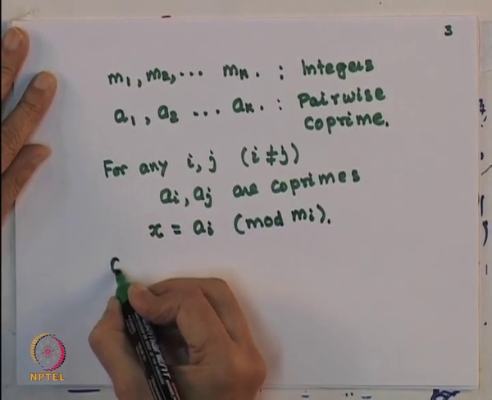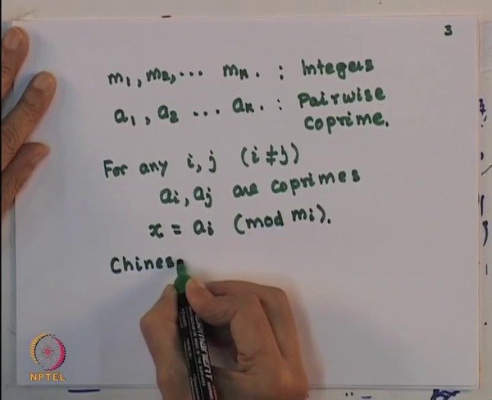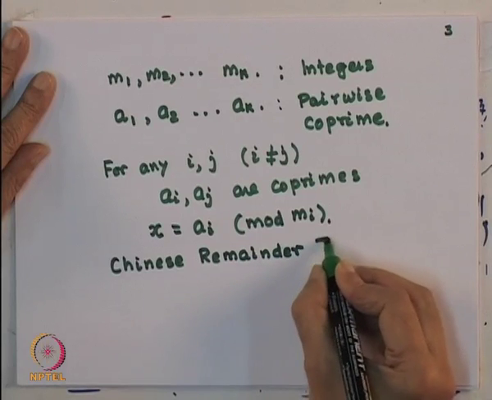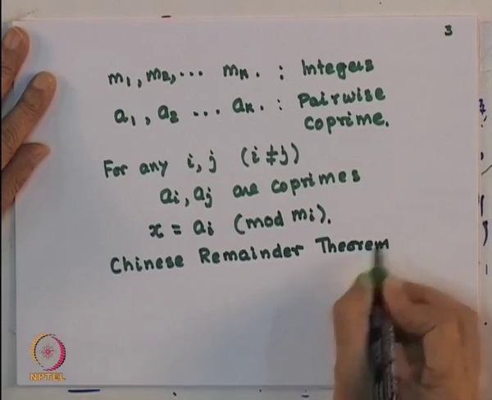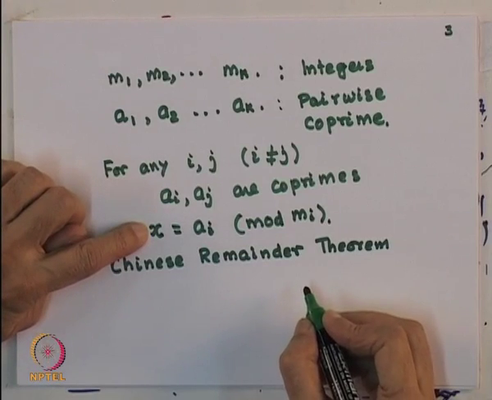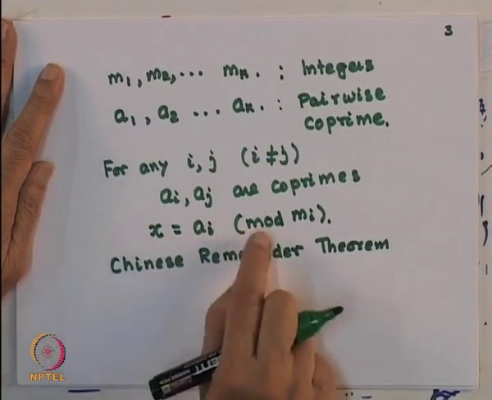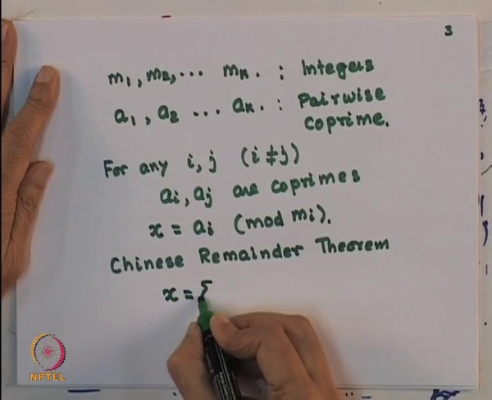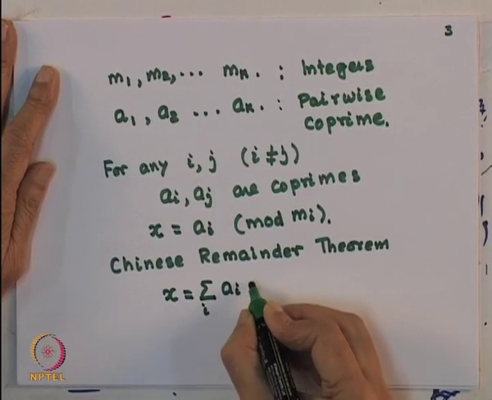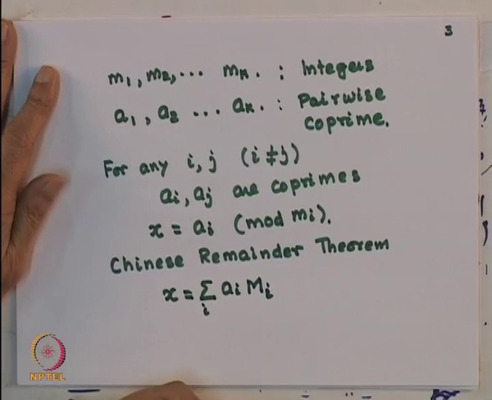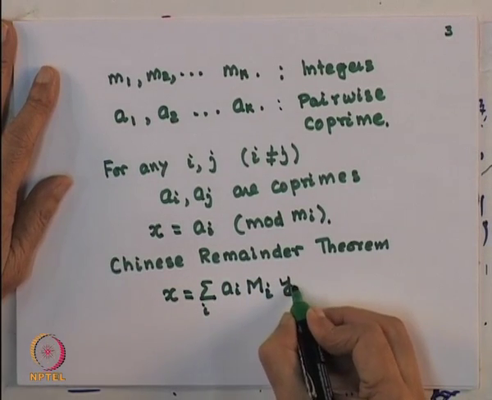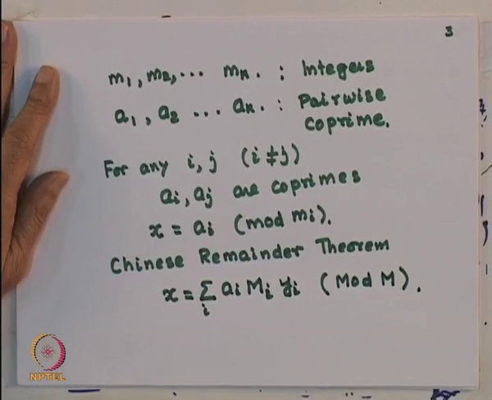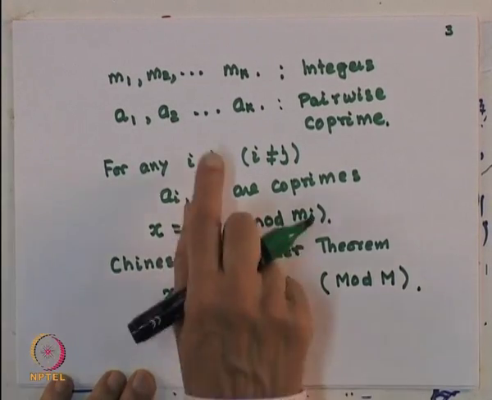Now what the Chinese remainder theorem says is that this set of equations has a unique solution, and this solution is given by x is equal to sum over i of ai Mi yi, mod M. I will explain the new quantities I am introducing. The ai's, of course, we have already said what they are.